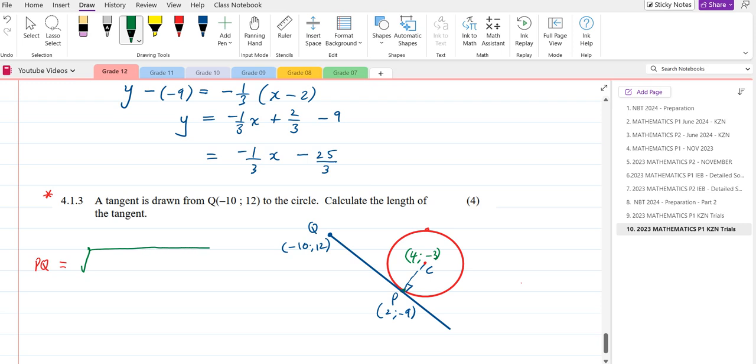Let's use the distance formula. The distance formula is, remember, P to Q, so 12 minus 9, so 12 plus 9, sorry, let's do the x's first. Let's minus the x's. So what we got is minus 10 minus 2 plus 12 minus 9, so 12 plus 9.